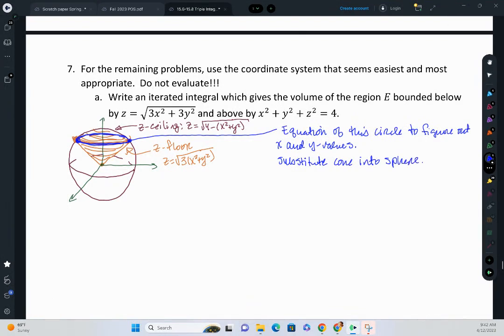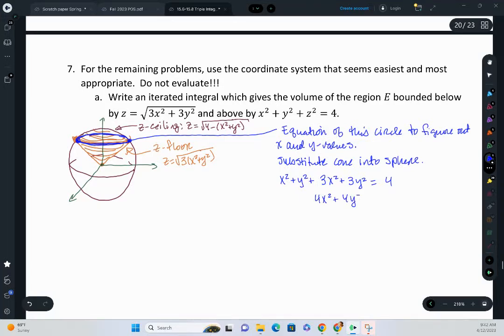That means I'll need to square it, and I get x squared plus y squared plus, now instead of z squared, 3x squared plus 3y squared is equal to 4. So I have a total of 4x squared plus 4y squared is equal to 4. Dividing out the 4, I have a unit circle.